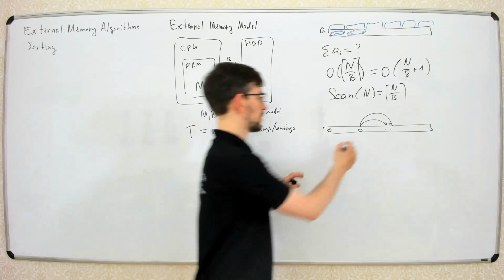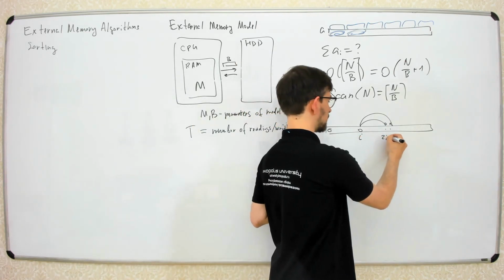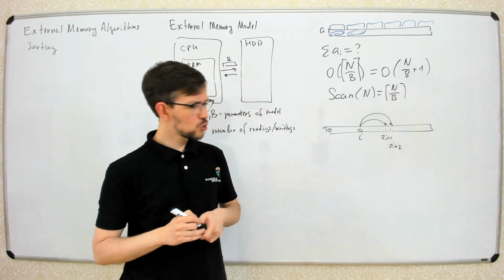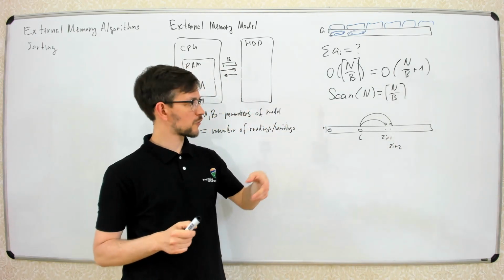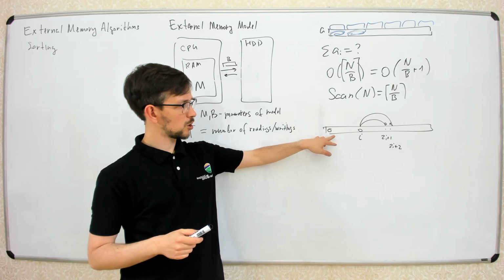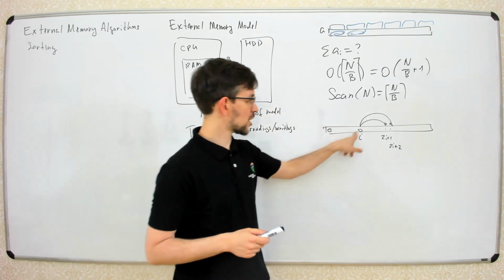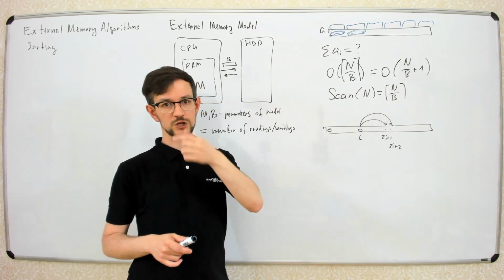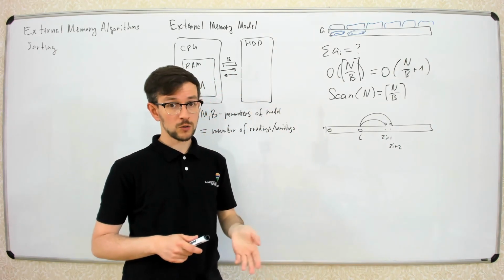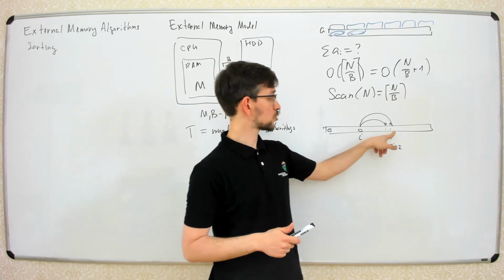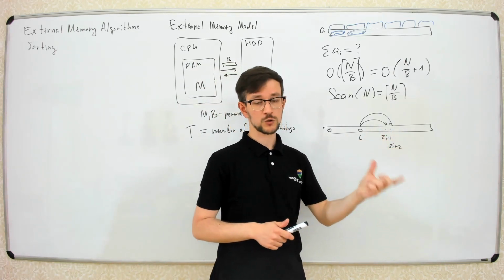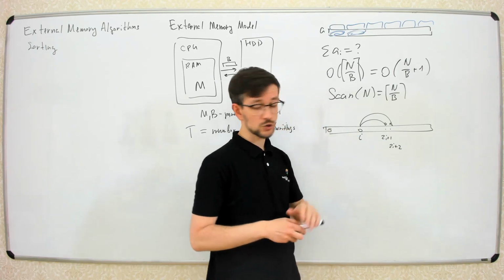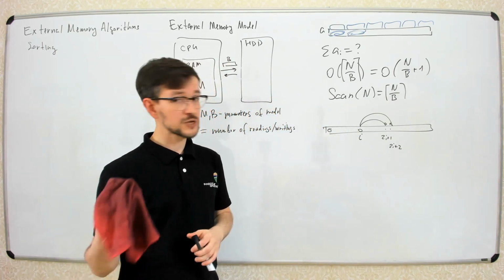So for element i, you have elements 2i plus 1 and 2i plus 2. When you want to apply some operations to your binary heap, you need to jump across your array just to access your left child or your right child. And that's too slow, because to jump from here to here, you need to read another block of data. Each time you jump, you need to make another access. So heap sort, for example, is not suitable.